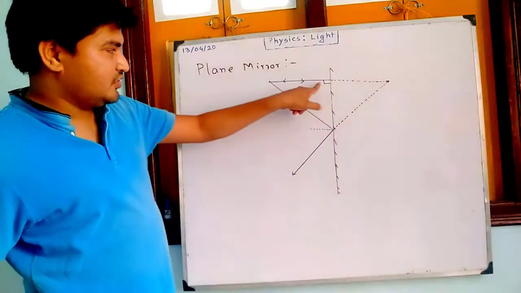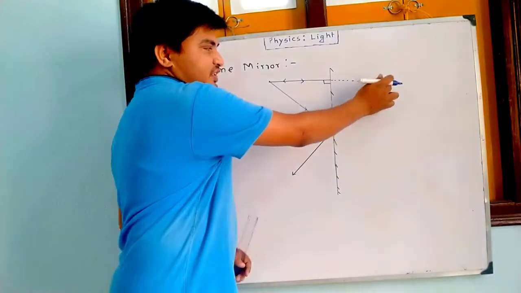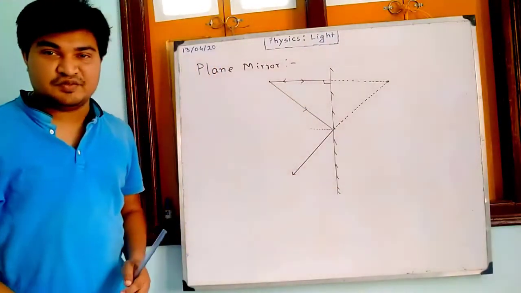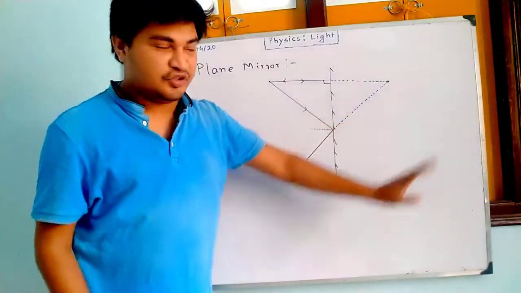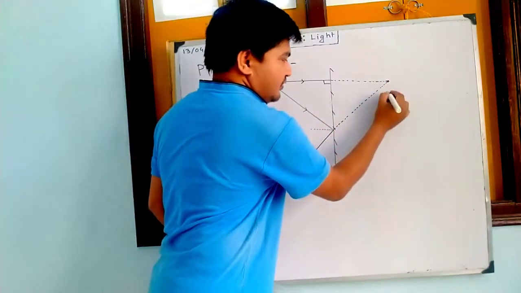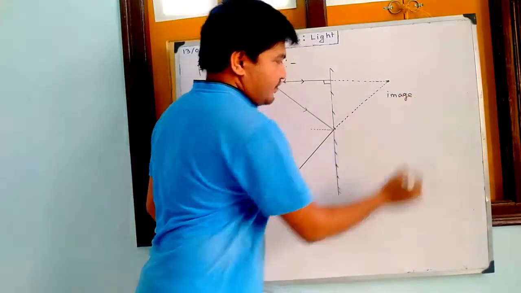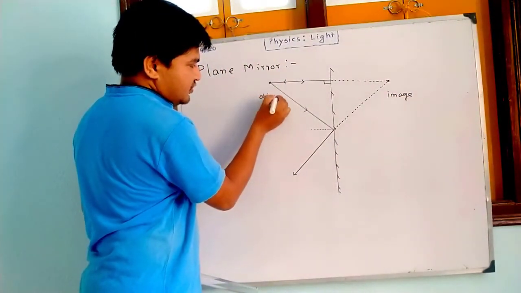If we enlarge this point and this point, we can say these rays appear to meet at this point. Remember the definition of a virtual image. The two rays appear to meet at a point. So these two rays appear to meet at this point. So this point will be the image of this point object.